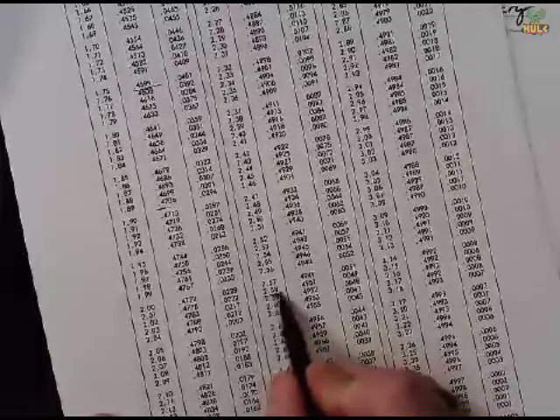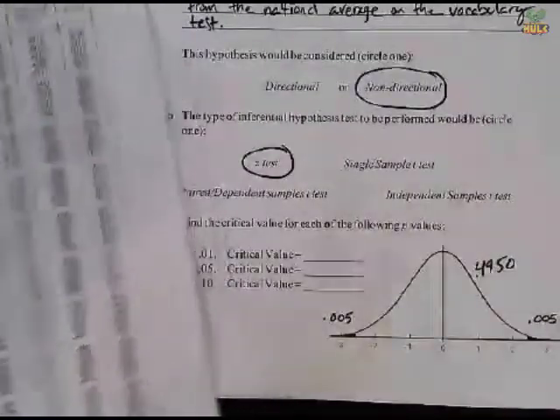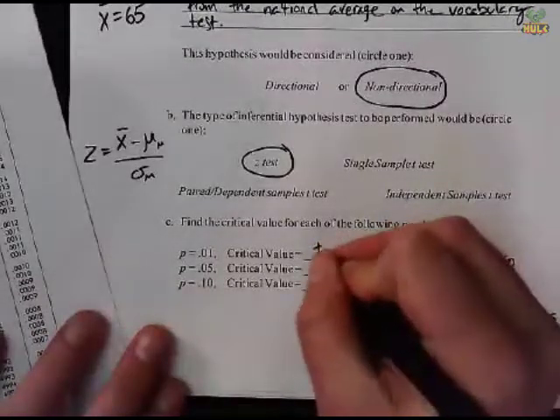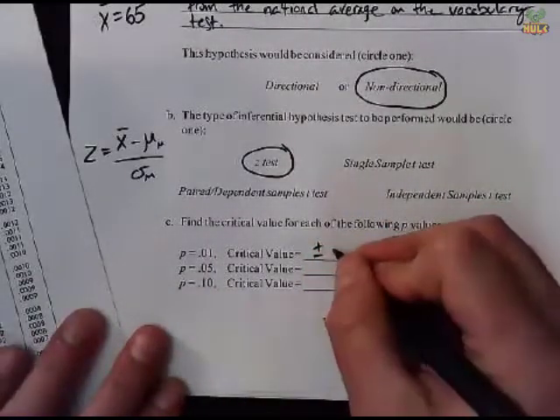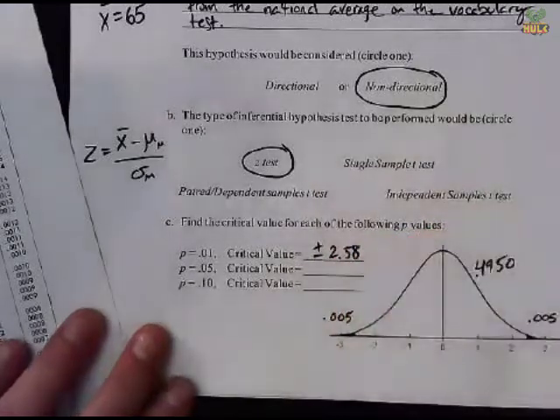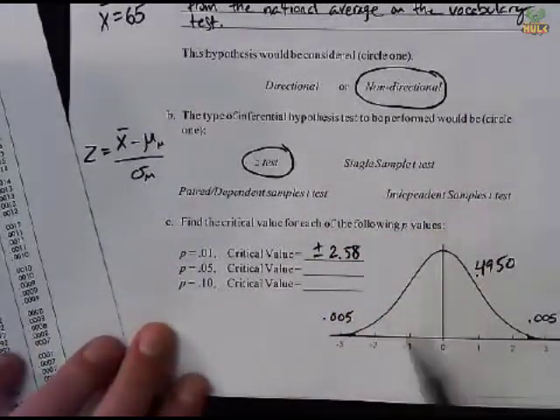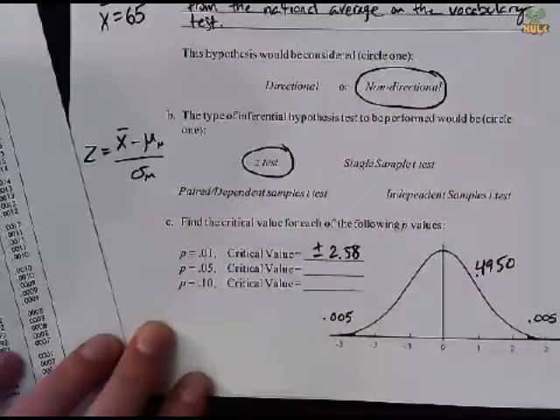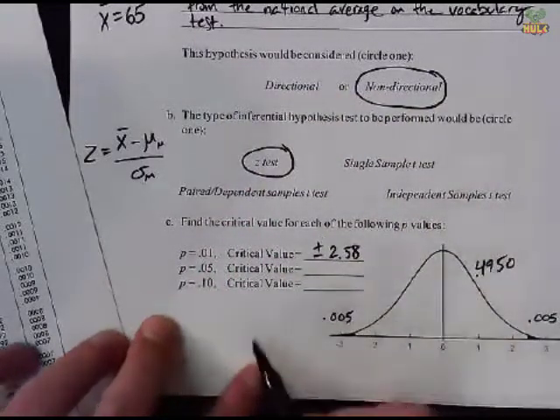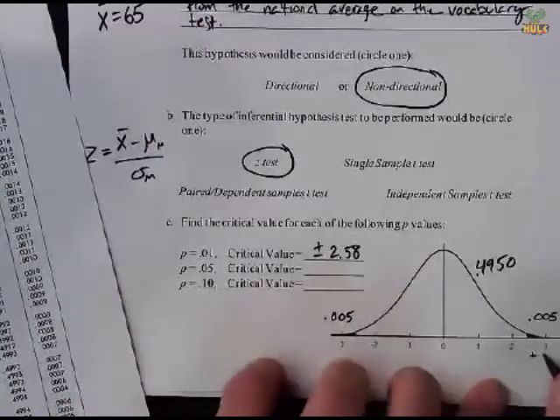And we should find 2.58, right? So for a 0.01 value, we would have a plus minus z-statistic cutoff value of 2.58, which means our z-statistic from our problem that we would get up here, which we're not calculating, would have to go higher than 2.58 or lower than negative 2.58, right?